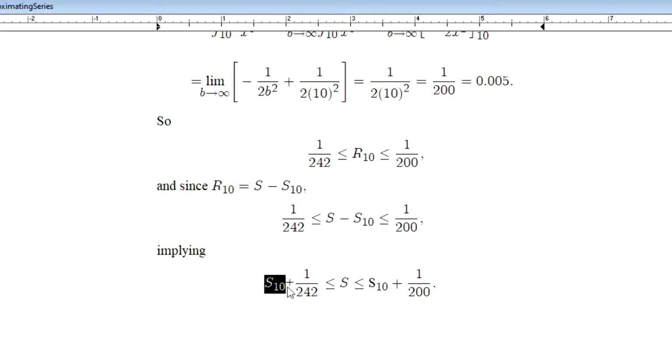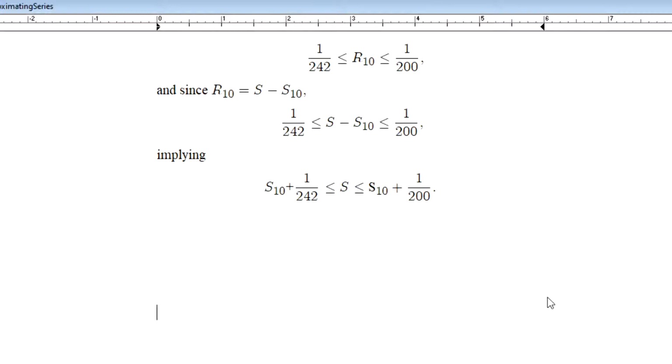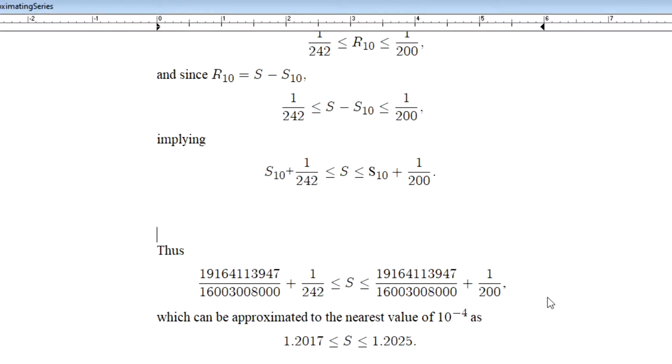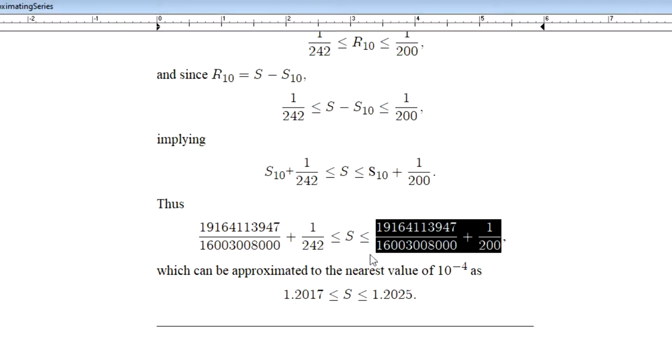And if we substitute in for S sub 10, that extremely cumbersome rational value, right, given by the sum of the first 10 terms, this quantity here, we substitute that in for S sub 10 on both sides of this inequality, and calculate one last time these summations here, right?